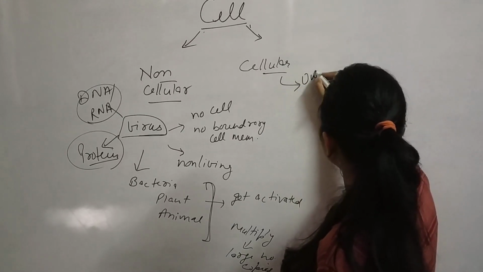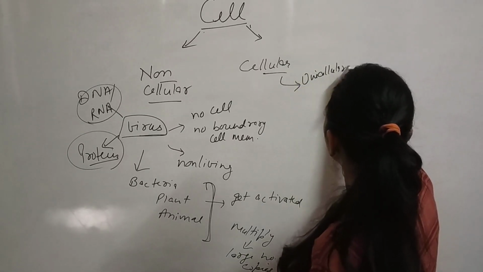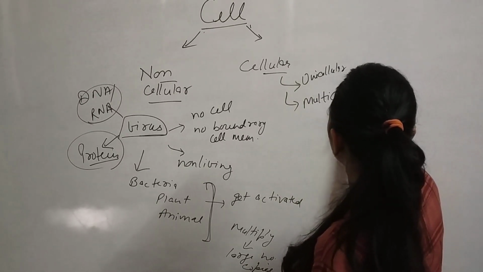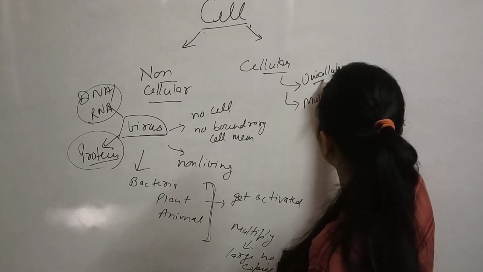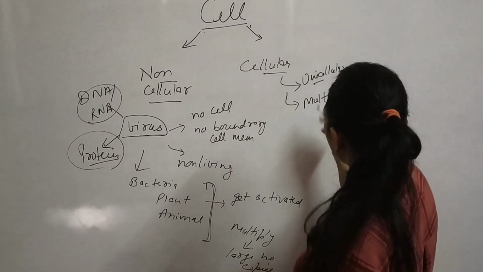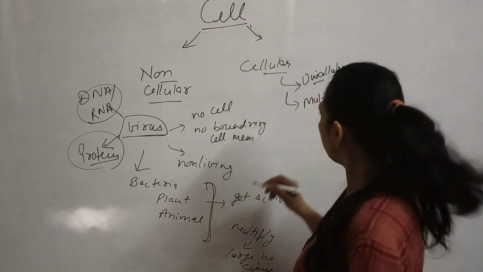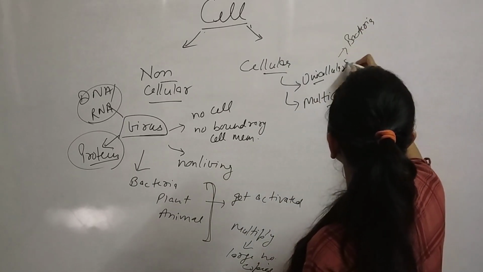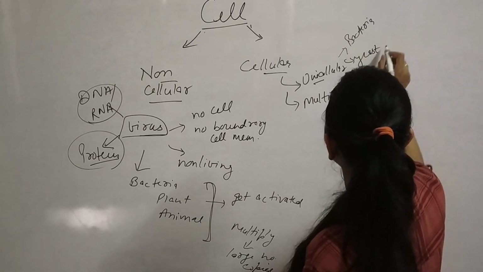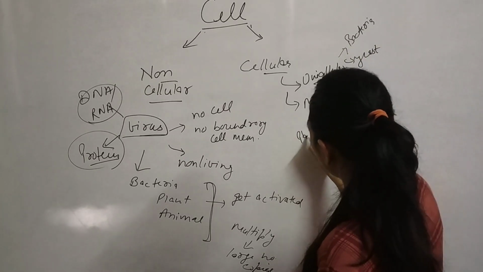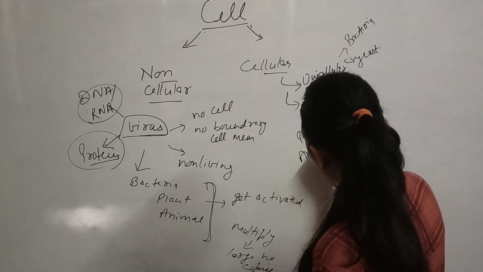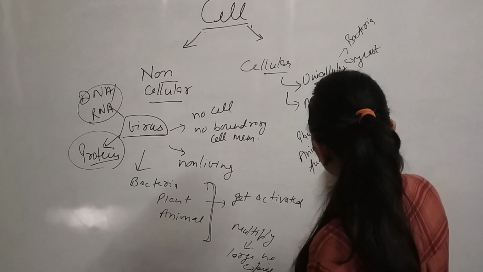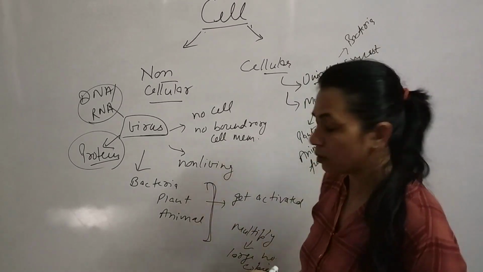It can be unicellular or multicellular. Unicellular organisms are mainly bacteria and yeast, and multicellular are plants, animals, fungi, all these.